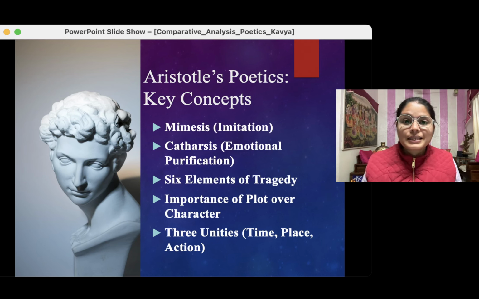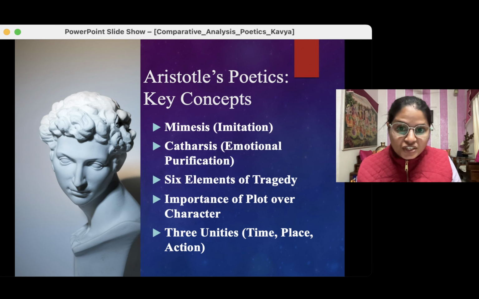Aristotle's Poetics' key concepts are mimesis, that is imitation, and catharsis, the emotional purification. The six elements of tragedy are plot, which is the most major element, character, song, diction, spectacle, and thought.